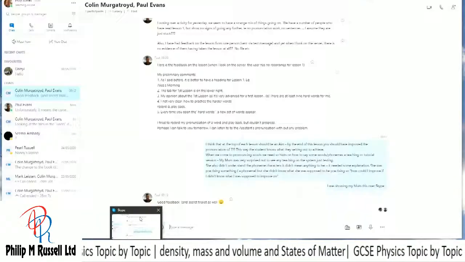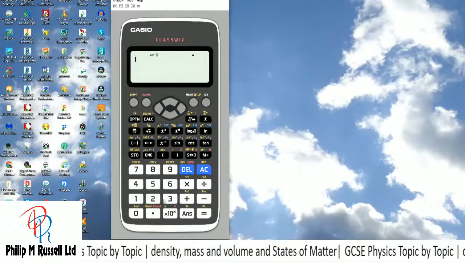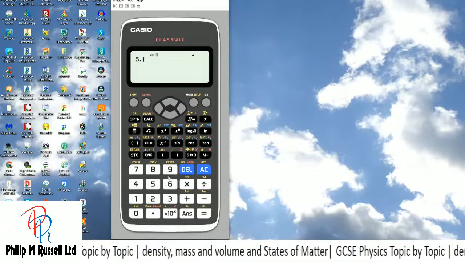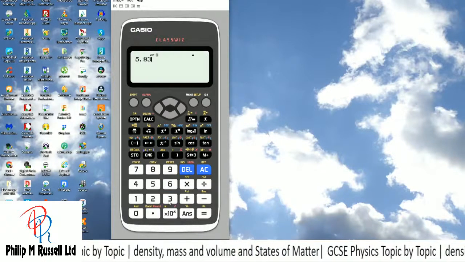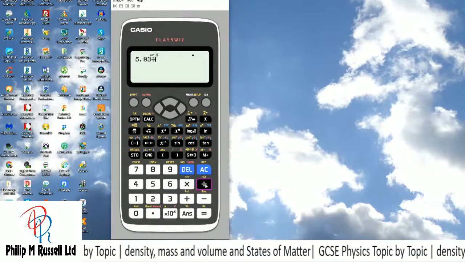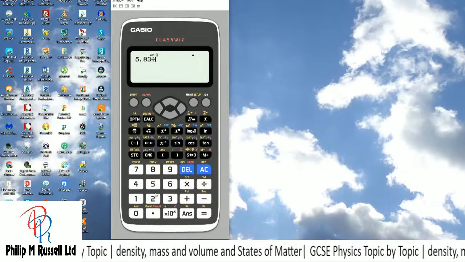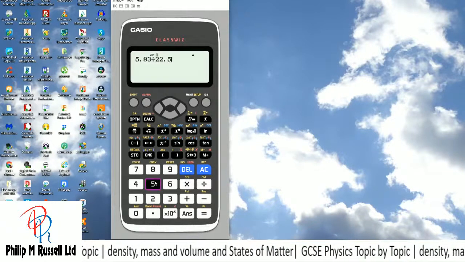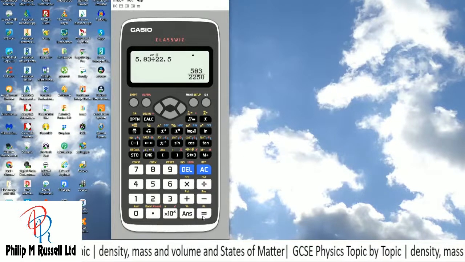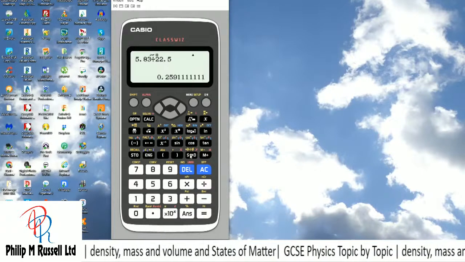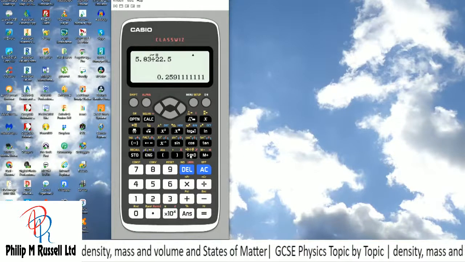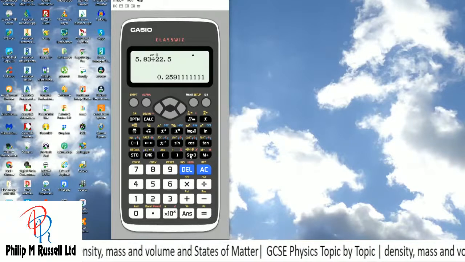So I've got my 5.83, my usual problem of running out of space, divided by 22.5, and that gives me a density here of about 0.25.